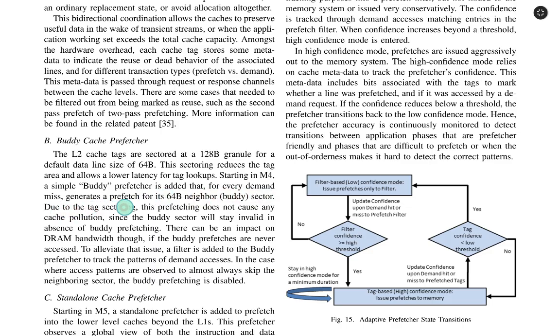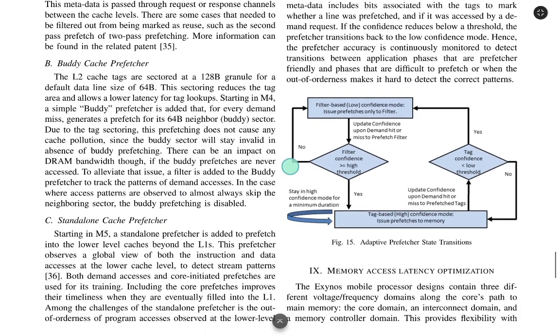Due to the tag sectoring, this prefetching does not cause any cache pollution, since the buddy sector will stay invalid in absence of the buddy prefetching. There can be an impact on DRAM bandwidth though if the buddy prefetches are never accessed. To alleviate that issue, a filter is added to the buddy prefetcher to track the pattern of the demand accesses. In the case where the observed access pattern almost always skips the neighboring sector, the buddy prefetching is disabled.